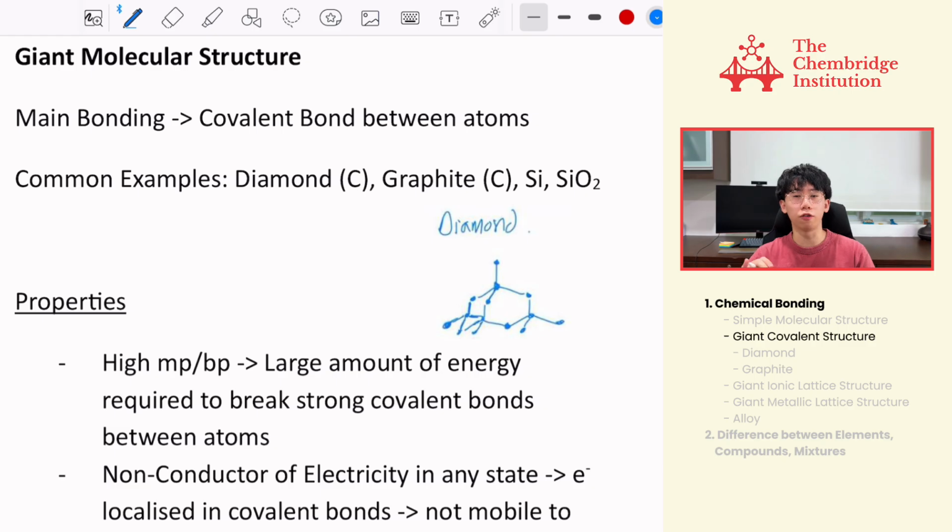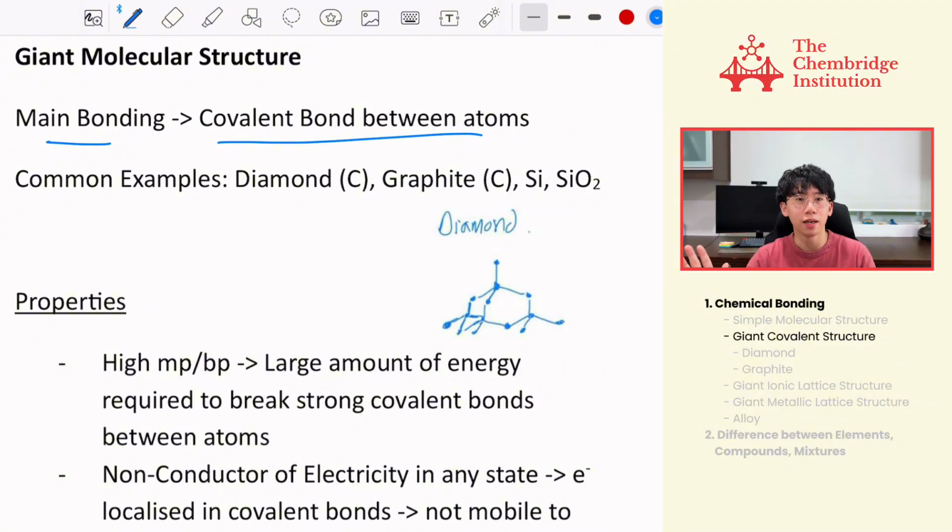Now, another kind of structure that is also important for covalent compounds is your giant molecular structure, where the main bonding is actually the covalent bonds between the atoms. For this, even though there is covalent bonding, there are only a few examples you need to memorize that actually have this giant molecular structure.